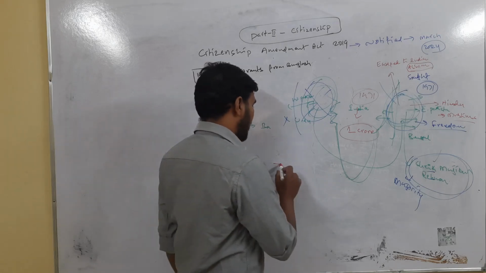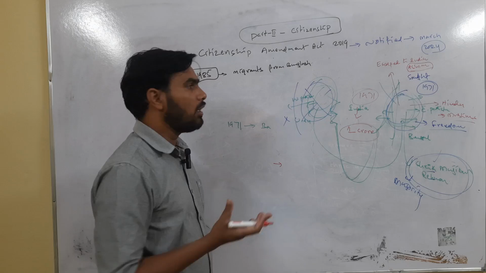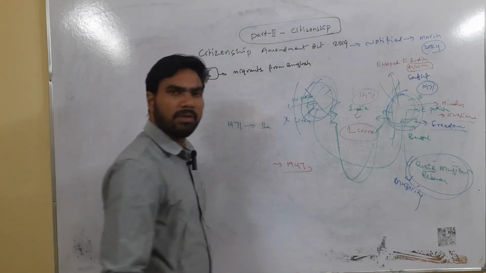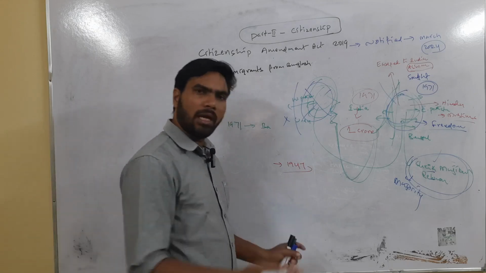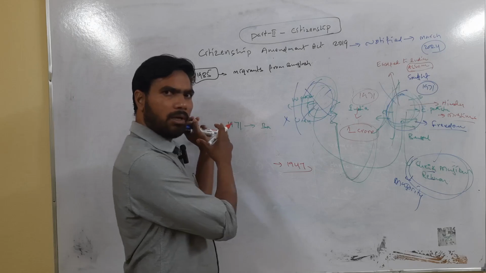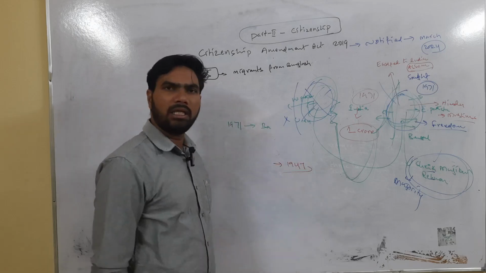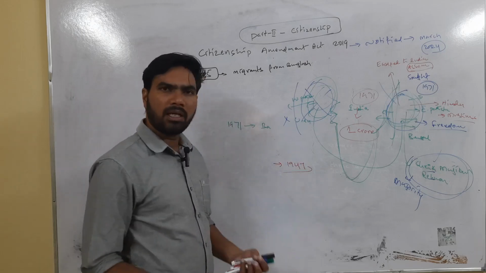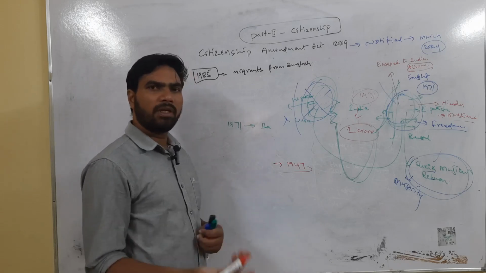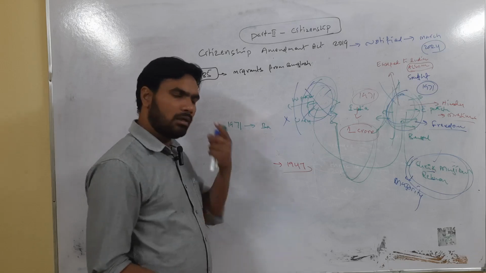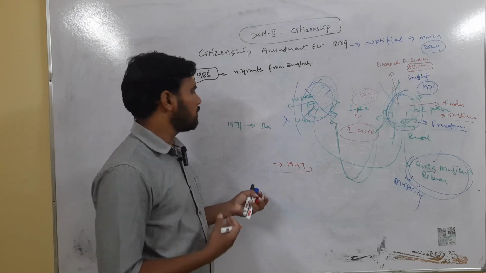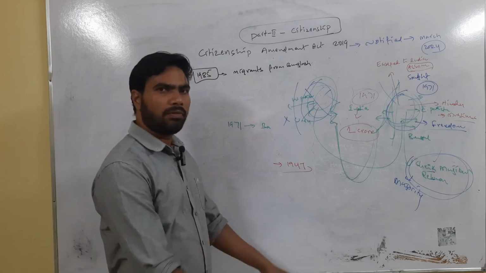But apart from that, migration also occurred before this incident. When the country was being partitioned in 1947, communal clashes took place at the western border and at the eastern border. People were killing each other on the basis of religion, especially between Hindus and Muslims, targeting people belonging to different religions.